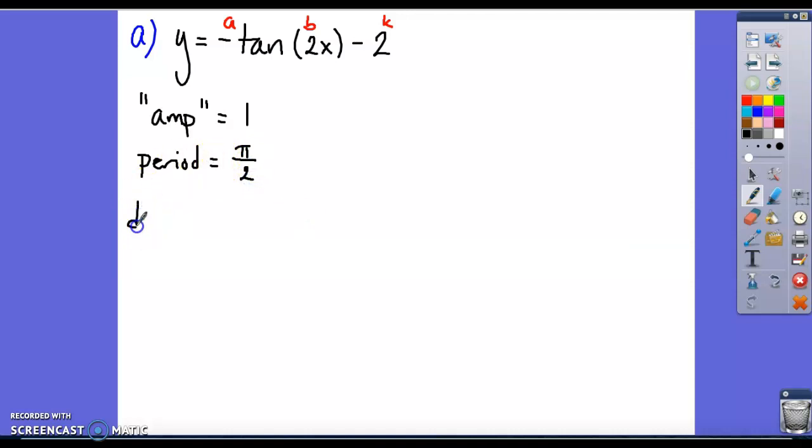Okay, that means that the distance between my critical points is pi over 2 divided by 4, so that would be pi over 2 times 1/4, so it's going to be pi over 8.